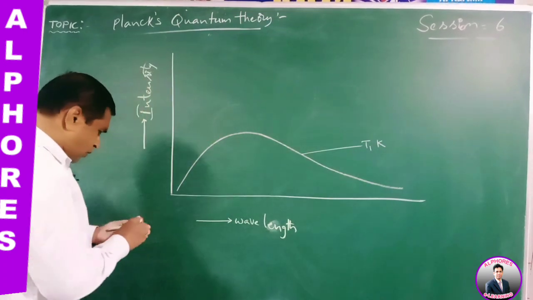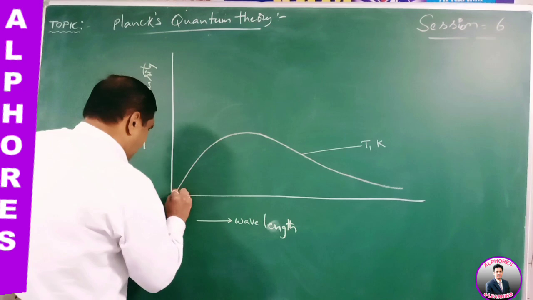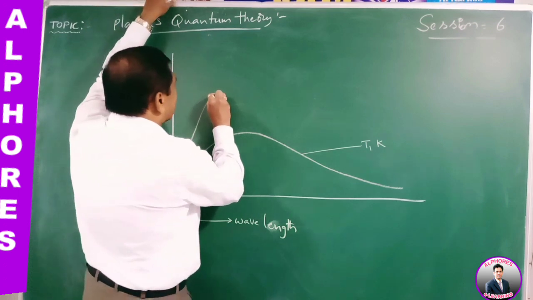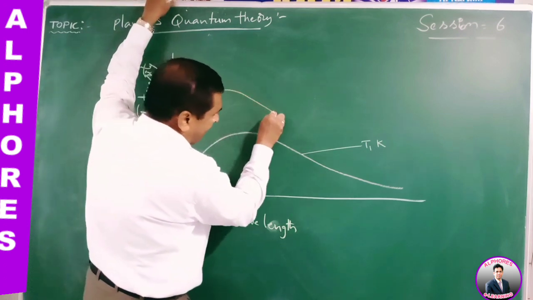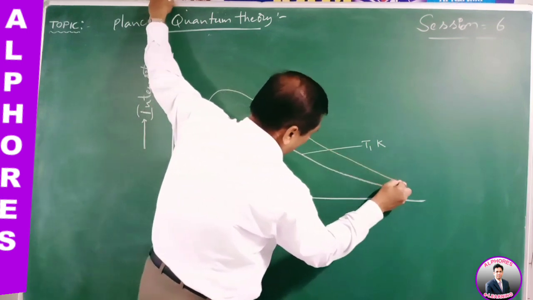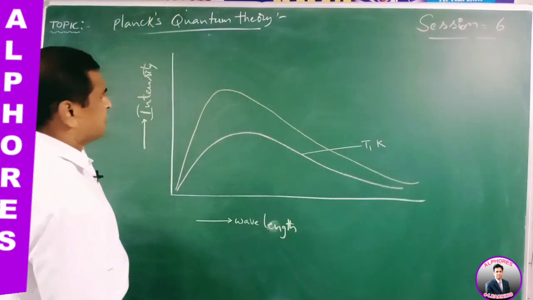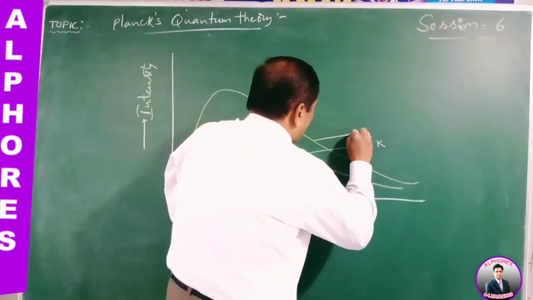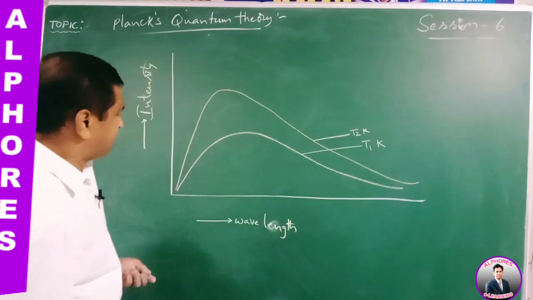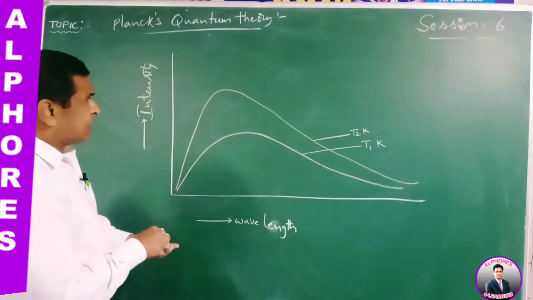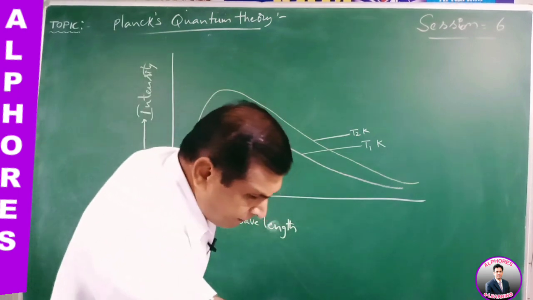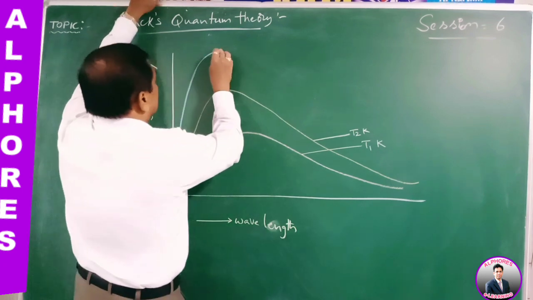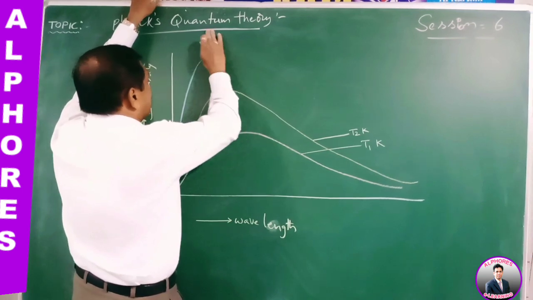Now let us plot another second graph at a little higher temperature, say it is at T2 kelvins temperature, and find another graph which is obtained at T3 kelvins temperature.